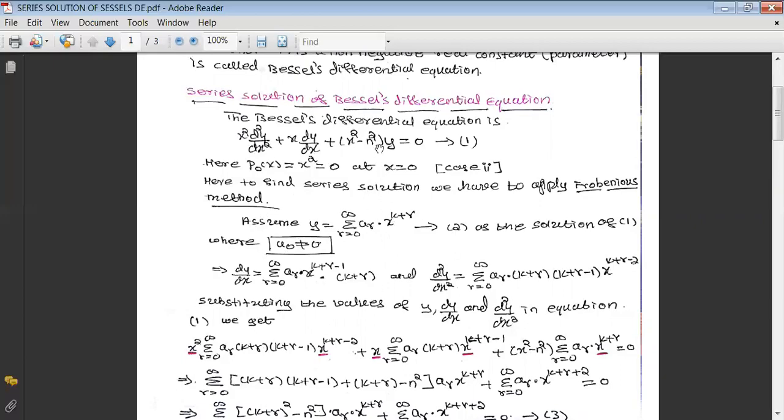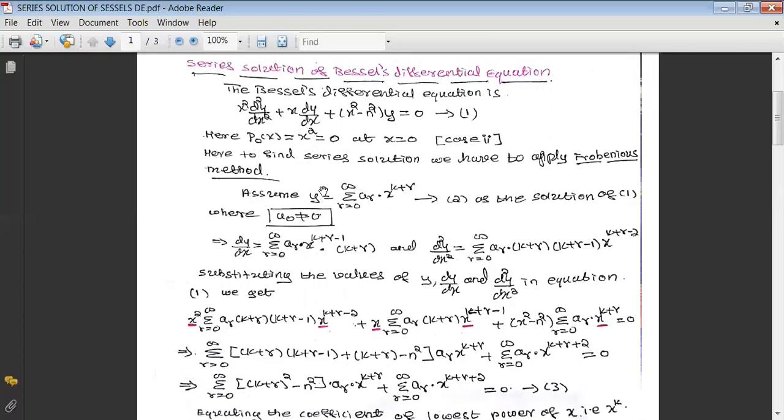Once we look at the requirement of equation 1, it requires y, which is already given according to the assumption. Then we have to find dy by dx and d squared y by dx squared. For dy by dx, that is summation a_r as it is; now the derivative of x raised to k plus r is (k plus r) x raised to k plus r minus 1. The second derivative is the derivative of the first derivative.